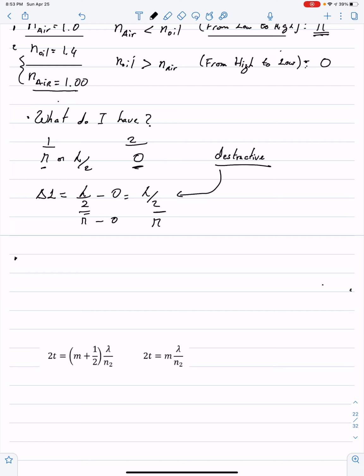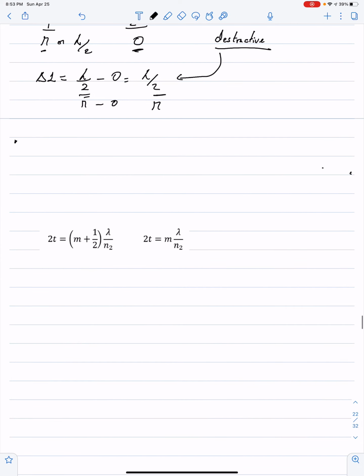So what does that mean for us now? There's a lot of meaning in this. We have these two equations that you've seen before, and they can be kind of confusing, but they definitely help us out if the problem in your examination or required problems asks you to find the wavelength of the destructive interference.